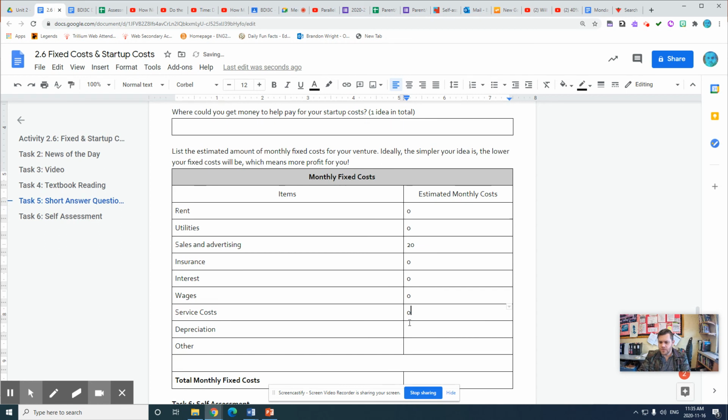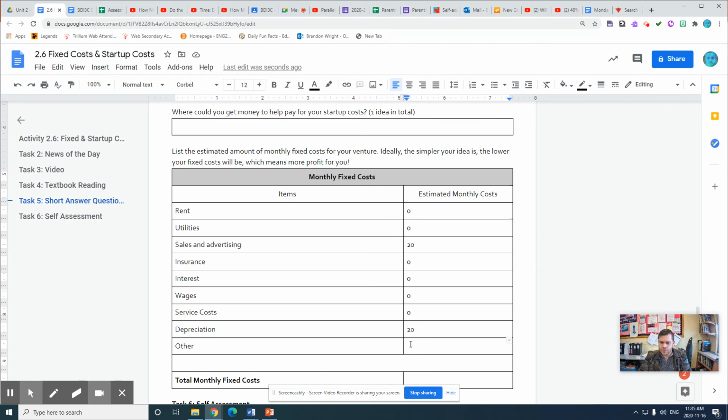Now depreciation, eventually through use, my snow shovel is going to break, my boots get worn out, or my jacket needs replacing. So I may say $20 I'll set aside to buy a new shovel, new ice melter, or new winter clothes.